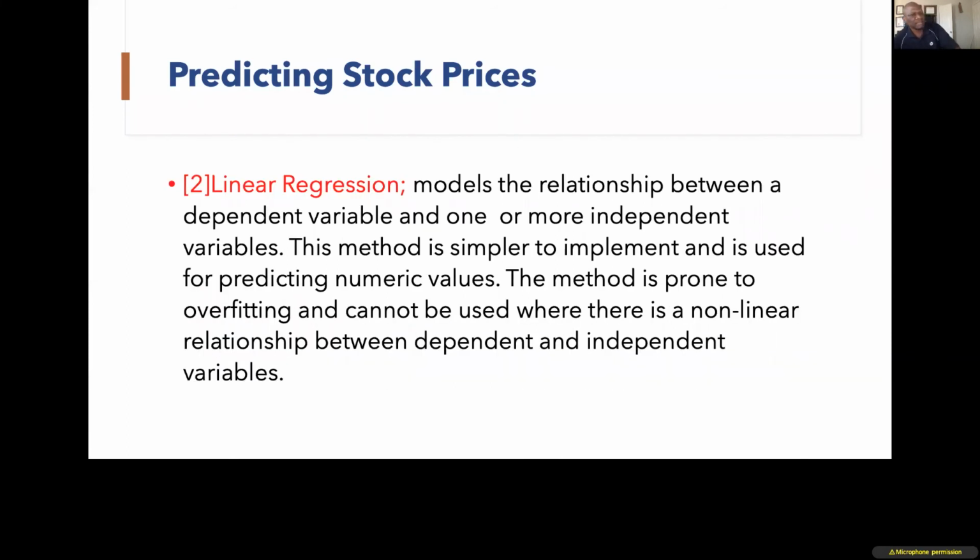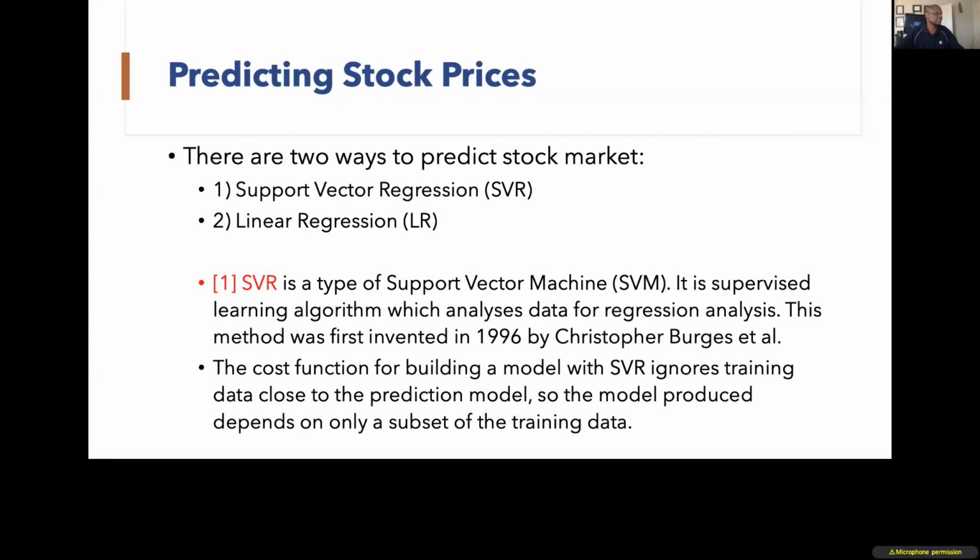Now, linear regression models the relationship between a dependent variable and one or more independent variables. This method is simpler to implement than SVR, and that's probably what they normally use. It's used for predicting numerical values. The method is prone to overfitting and cannot be used where there's a nonlinear relationship between dependent and independent variables. So linear regression is easier to use than support vector regression.